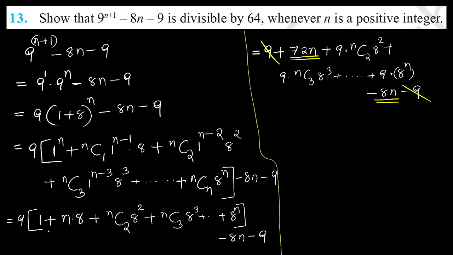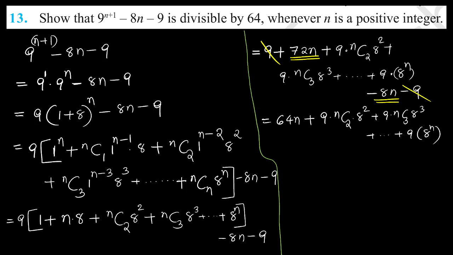So this minus this will be 64n. Then 9 into NC2 into 8 square. 8 square is 64, right? You know that. 9 into NC3 8 cube, etc. 9 into 8 raised to n.